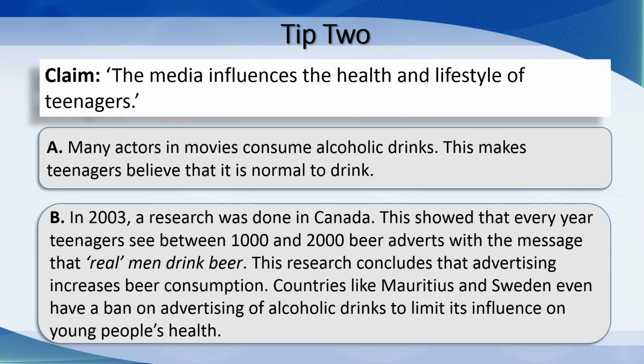This showed that every year, teenagers see between 1,000 and 2,000 beer adverts with the message that real men drink beer. This research concludes that advertising increases beer consumption. Countries like Mauritius and Sweden even have a ban on advertising of alcoholic drinks to limit its influence on young people's health.